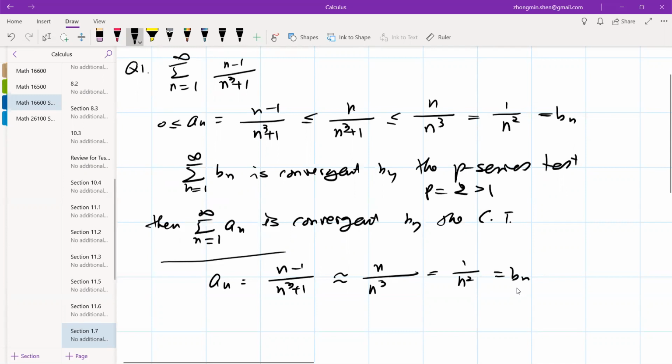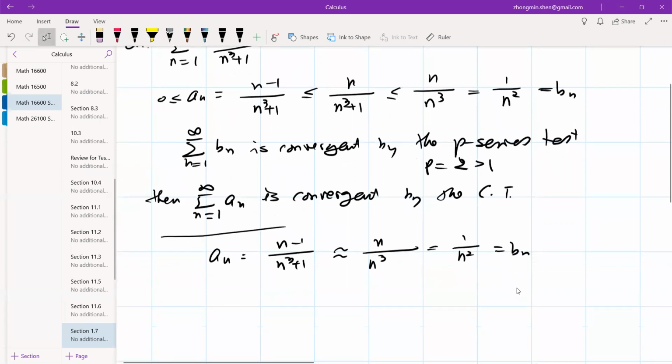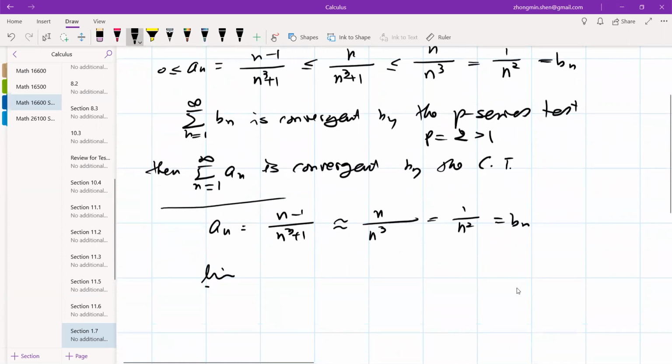After simplifying, it's going to be 1 over n squared, which is bn. Doing it like that, you do not know that an is less than or equal to bn, but at least the limit is going to be 1. It's easy to check.